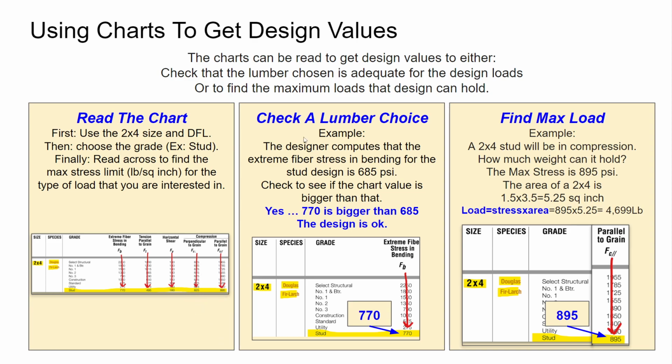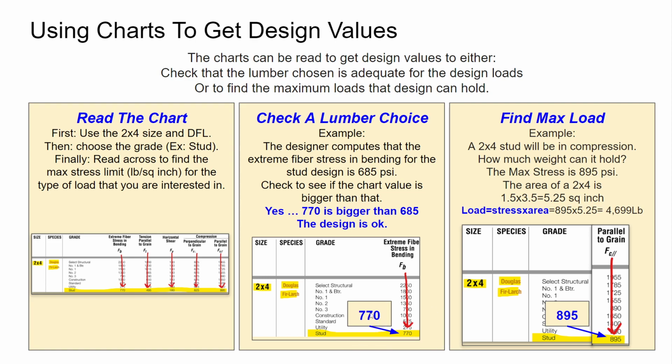Okay, so let's take an example. If we're going to check a lumber choice to see if we've chosen an adequate grade and size of lumber, the first thing we have to do is find out what the designer is interested in. So here, extreme fiber stress in bending. So we're going to look up the stud then and say, okay, that can take 770.